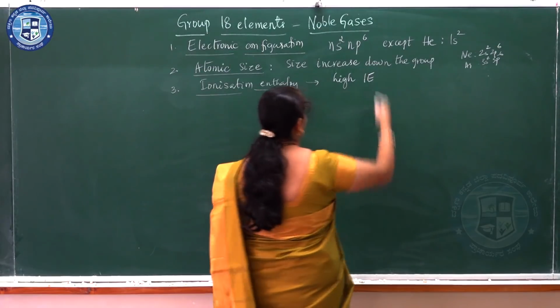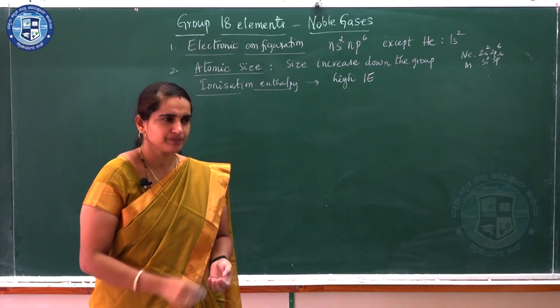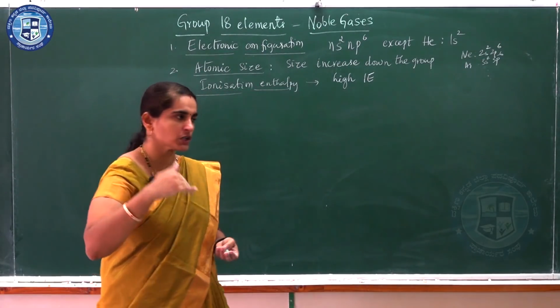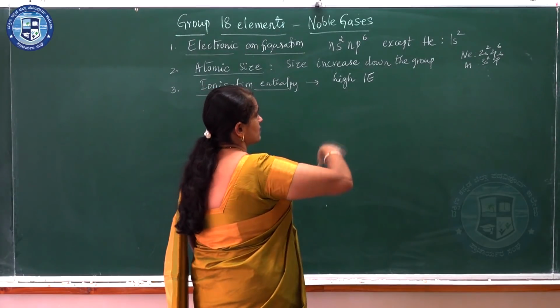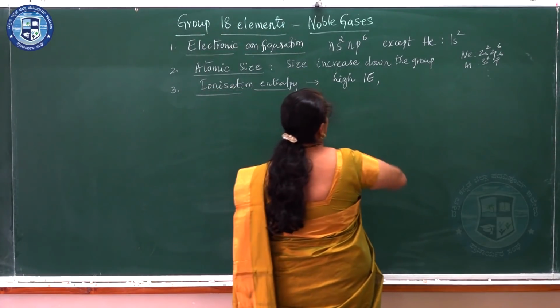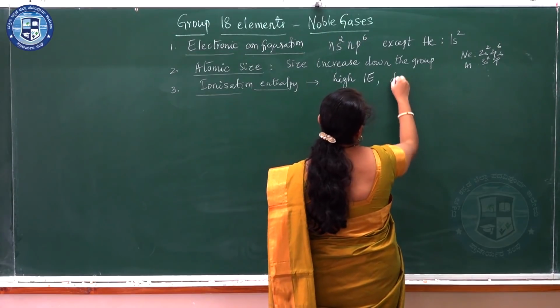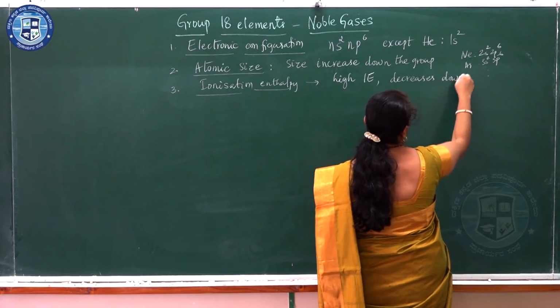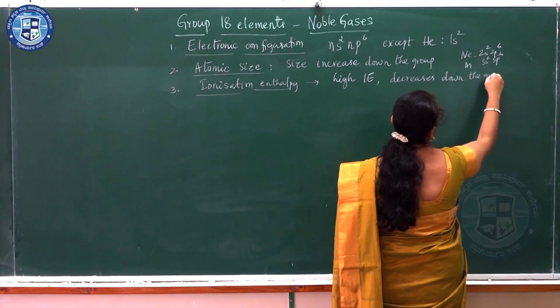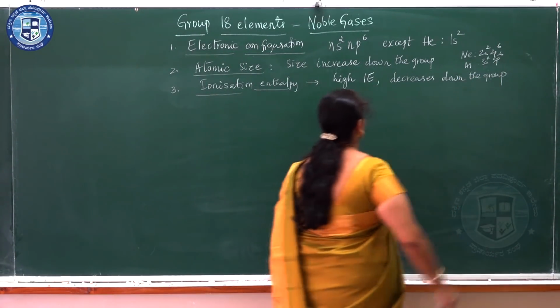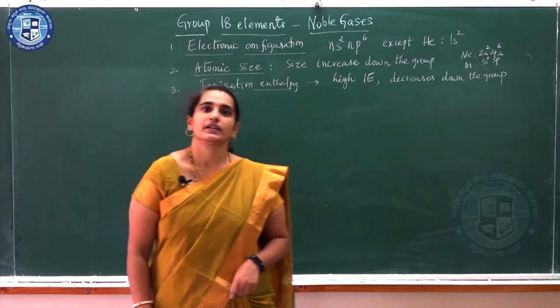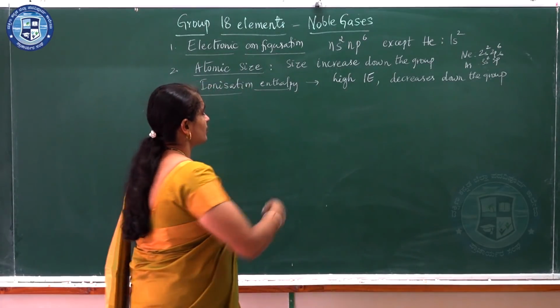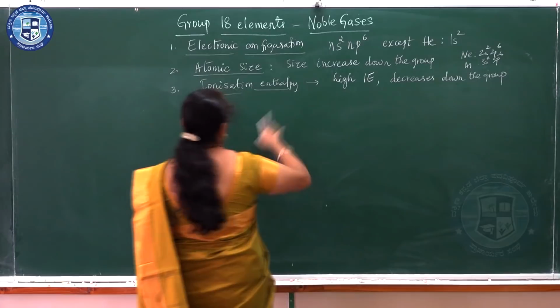But if you come down the group from helium to radon, the value decreases. So, this decreases down the group. Since they have a stable electronic configuration, it is not possible to remove an electron, and hence ionization energy values are high.